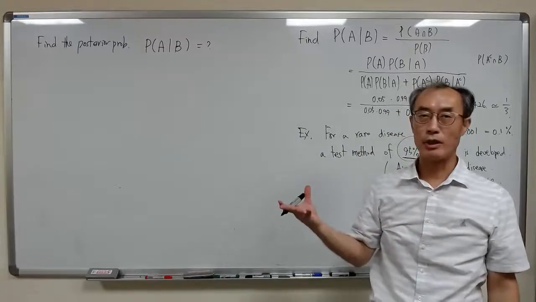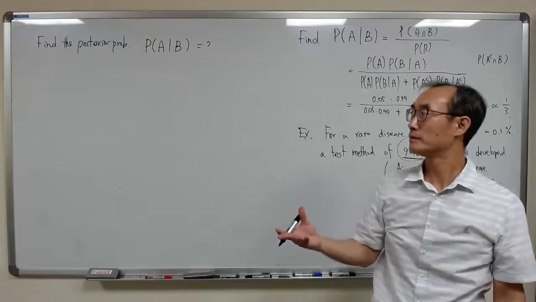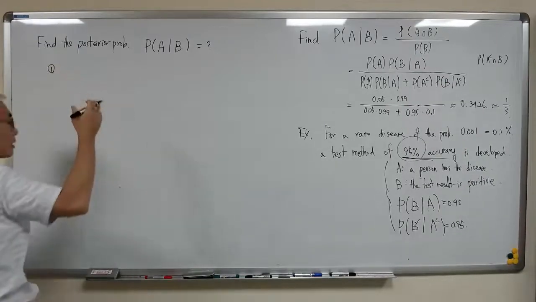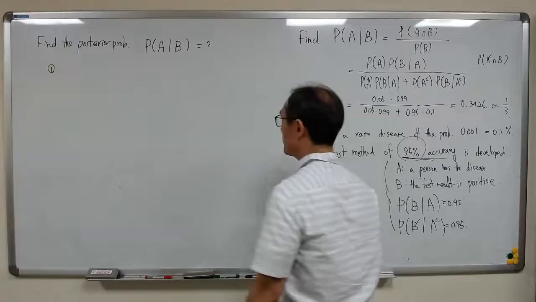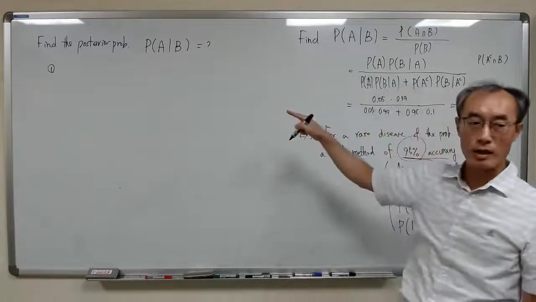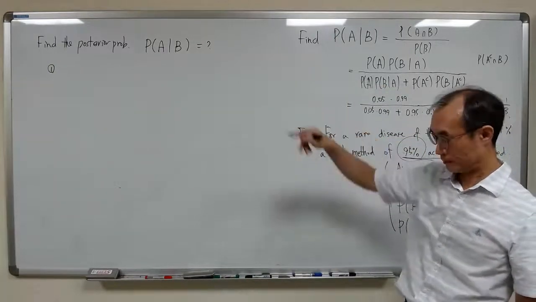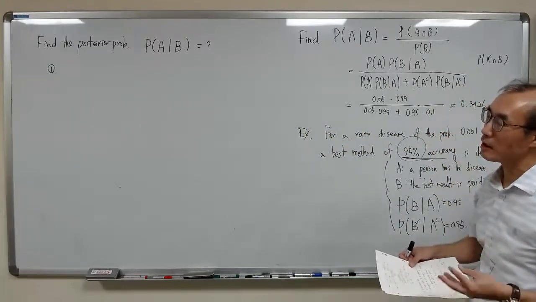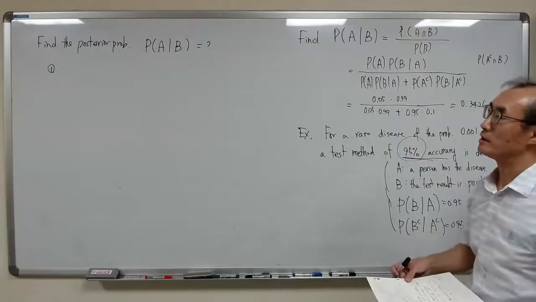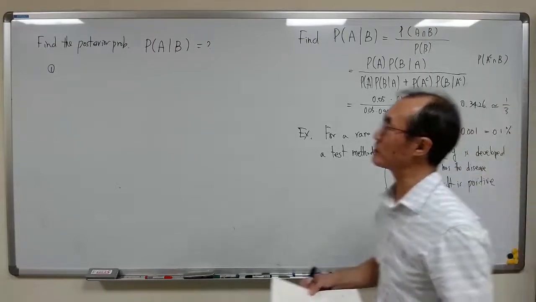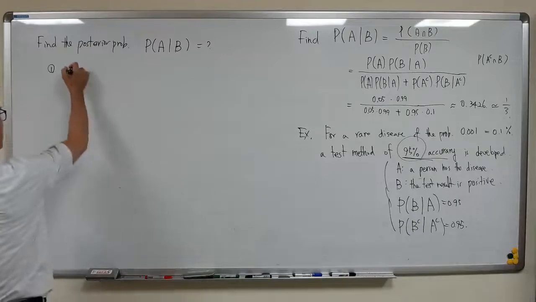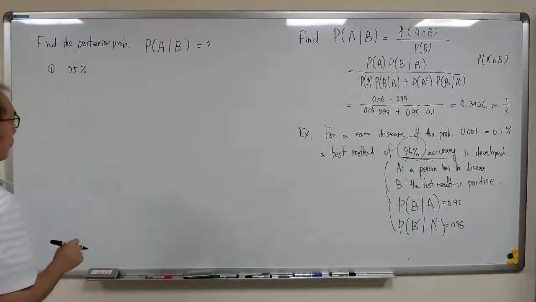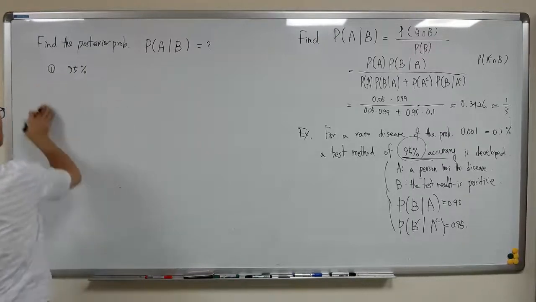Before we compute this number using Bayes theorem, let's first guess with our intuition. Among those choices, what's the most approximate value for the posterior probability?